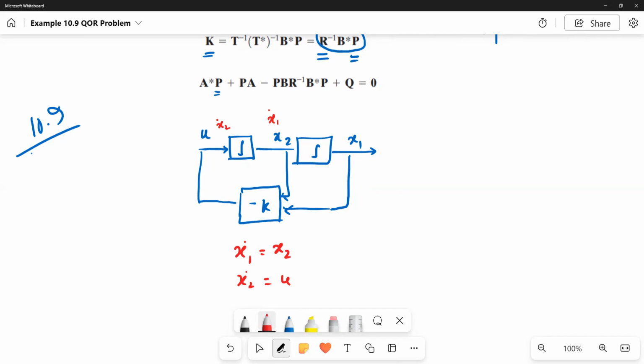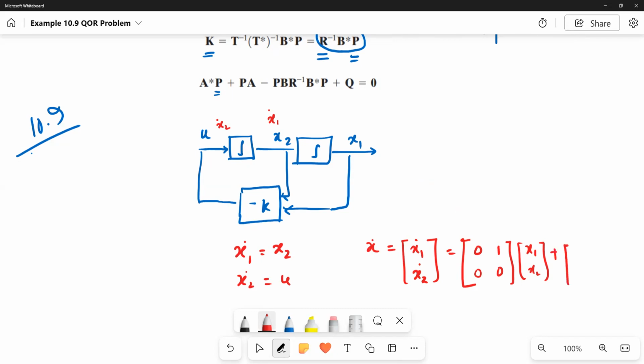Based on this, we can write that x dot, which is nothing but x1 dot and x2 dot, is basically a matrix obtained from 0, 1, 0, and since there is no 1 involved, 0, 0. And your vector is x1, x2, plus, there is a u term as well, 0, 1 u.